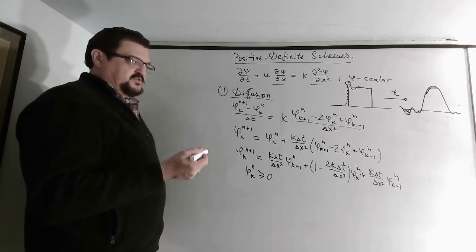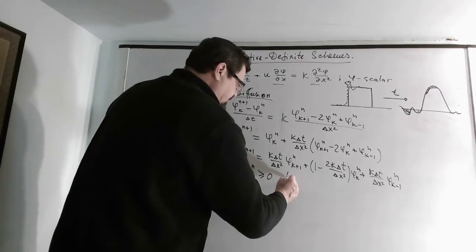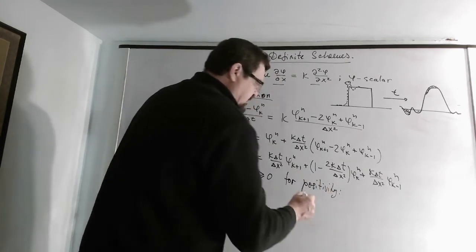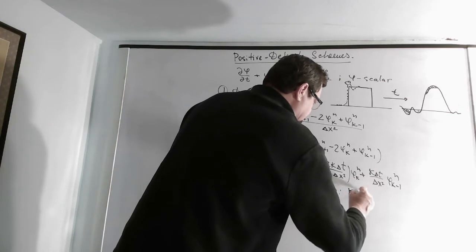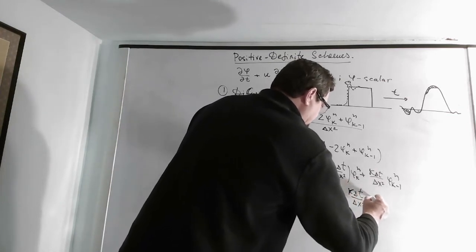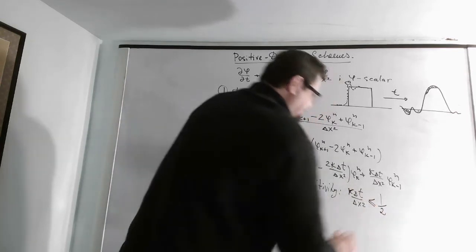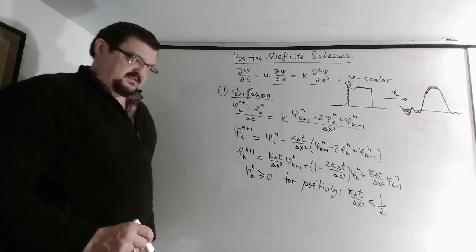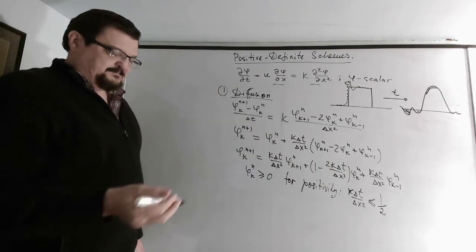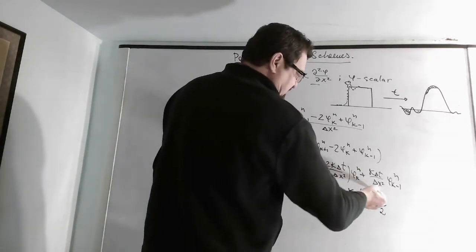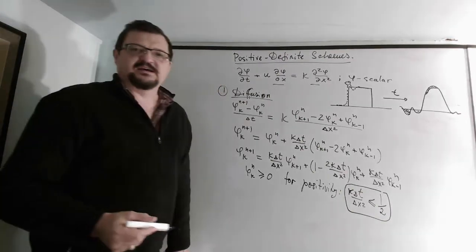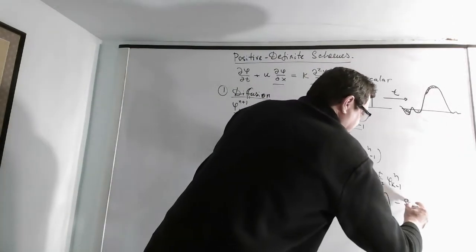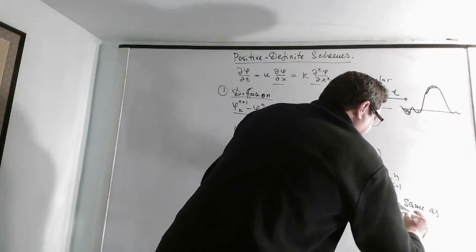So we conclude that in order for this scheme to be positive definite, for positivity, we obviously need that k delta t divided by delta x squared should be smaller or equal than 1/2. You can see that in that case this term would be positive. But if we look at this condition, it is exactly the condition for stability of the scheme. So same as the stability criterion.